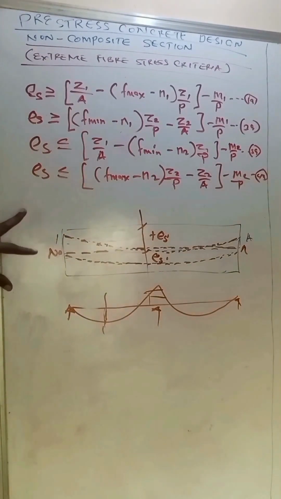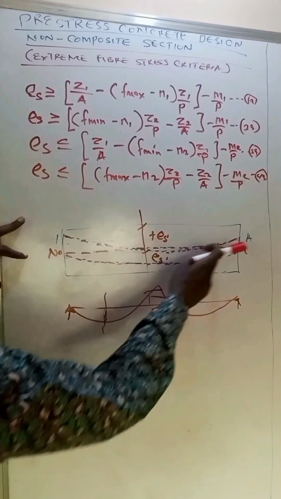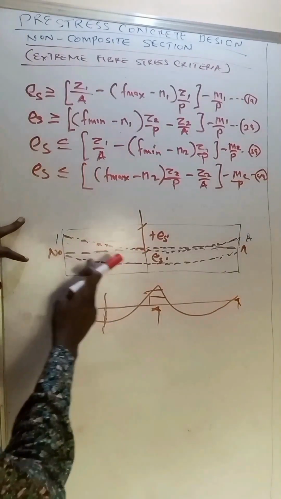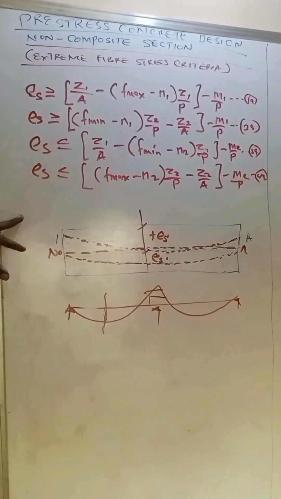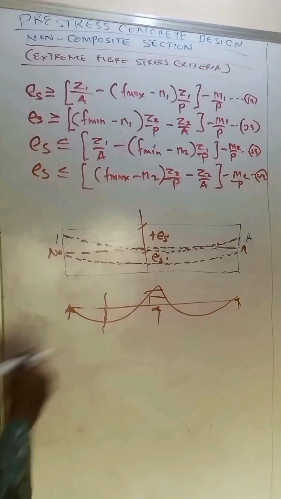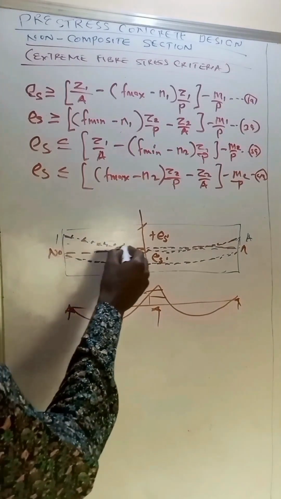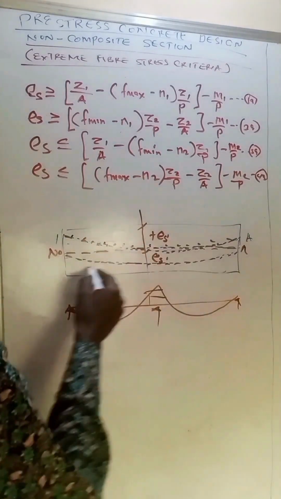You can see that we need two equations to be able to plot the upper and the lower limits of the cable zone. If this becomes the upper limit of the cable zone, this other curve represents the lower limit. Once you're able to get this cable zone, you can shade it.